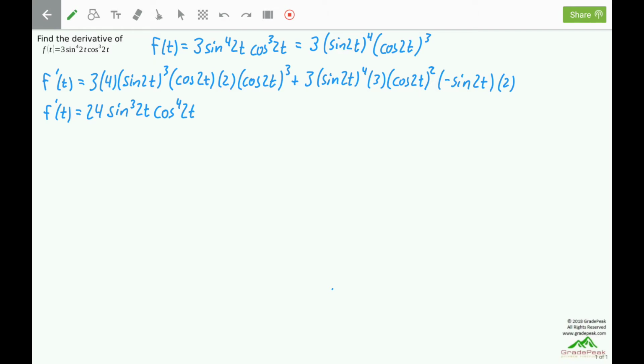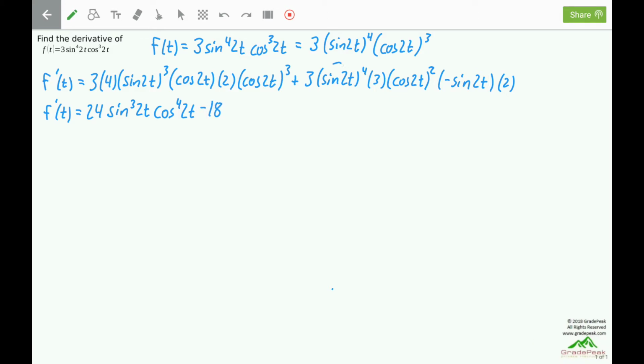Now in this next term, the constants, I have a 3, I have a 3, I have a negative that does multiply with everything else, and then a 2. 3 times 3 is a 9, times the negative will be negative 9, and then times the 2 will be negative 18. So negative 18.